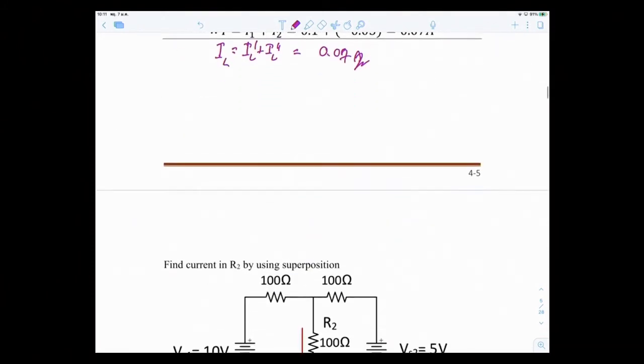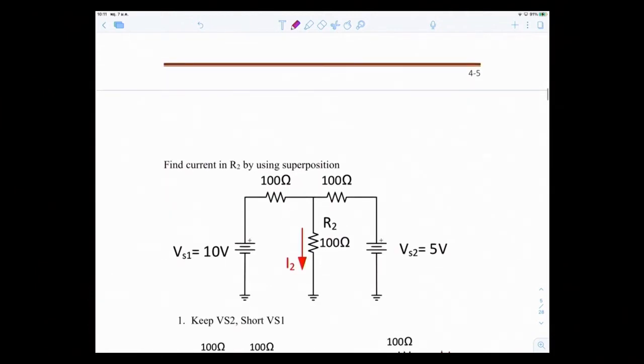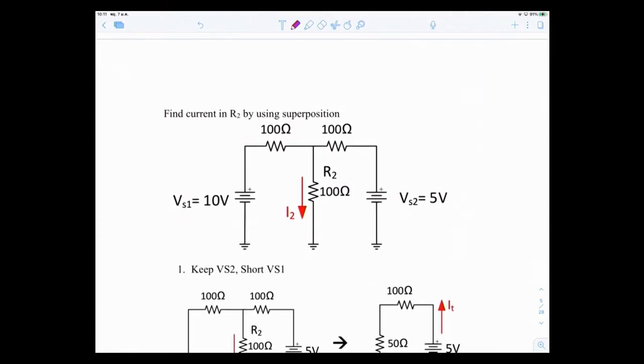Okay, let's look at another example. We want to find I that passes through R2, the red current. We have two sources this time. They are both voltage sources, VS1 and VS2. For the first step, I can choose VS1 or VS2 first.